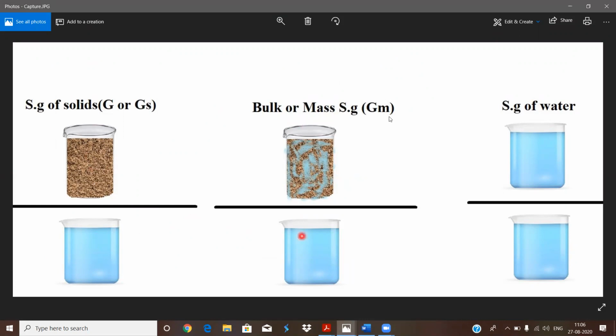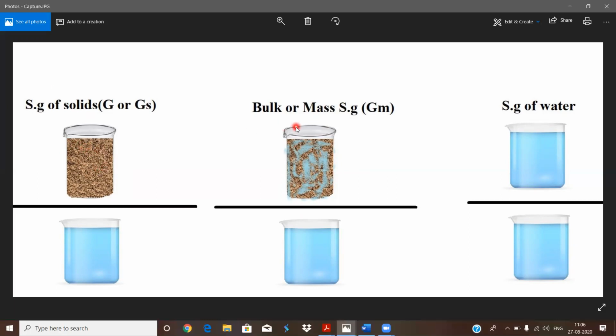Okay. Now for bulk unit weight, the bulk mass specific gravity or apparent specific gravity is the ratio of the bulk unit weight of soil to the unit weight of water. In specific gravity of solids, we are taking only solids. So gamma s is equal to the weight of solids by the volume of solids only.